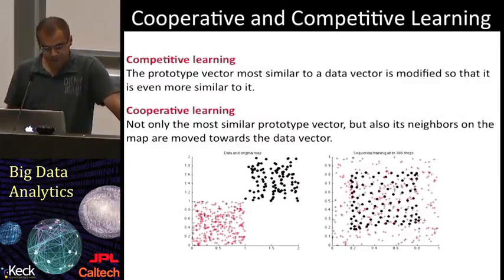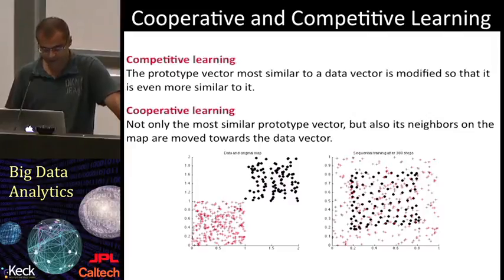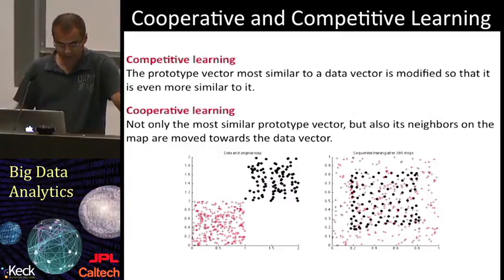And with this model, the clustering is performed by having several units competing for the current object. Actually, it employs both competitive and cooperative learning. It's competitive because the prototype vector most similar to the input vector is modified, the best matching unit, and cooperative because not only the best matching unit is modified, but also its topological neighbors.